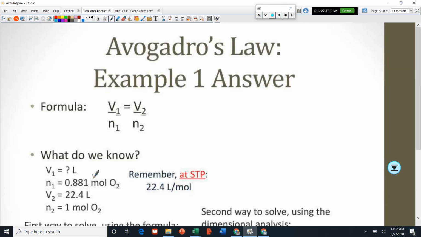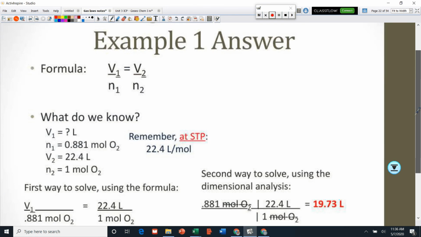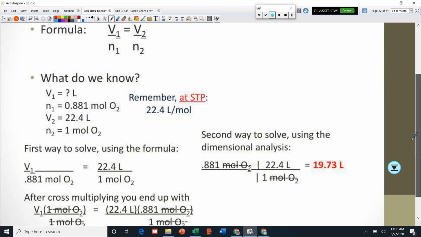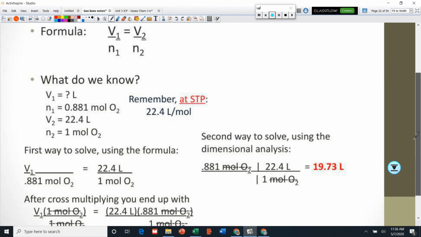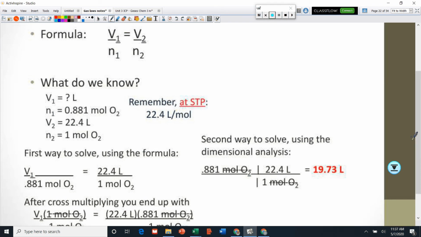All right, so here are some example problems. Here's how we would approach that one. I'm just going to go ahead and show you this since I've already solved it on the other page. So what did we know from the initial problem? We were trying to solve for volume 1, how many liters. The original moles was 0.881 moles of O2. The new volume was 22.4 liters with 1 mole.